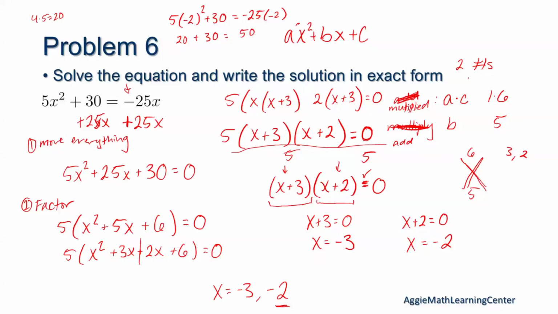That's -50 and with the sign handled, 20 plus 30 is 50. 50 equals 50. Sweet. So we double checked that -2. We're good. And we can do the same with our -3. Let's try that, just in case, because why not?